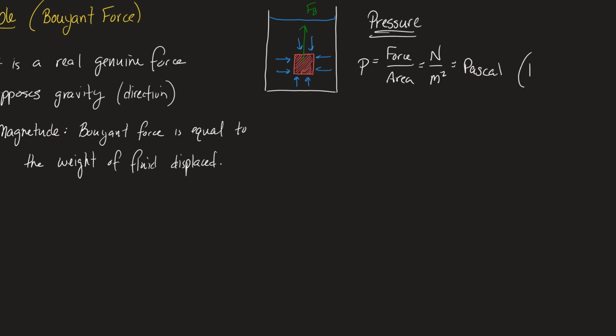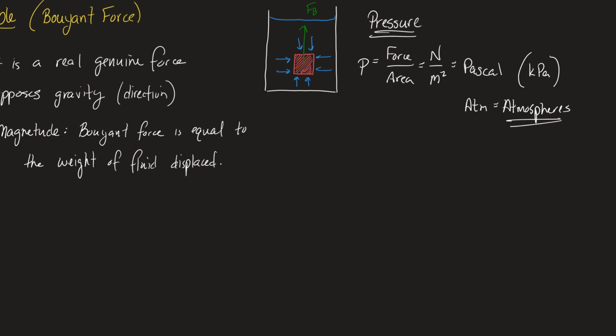You probably used kilopascals when you were dealing with this in chemistry. But a kilopascal is 1,000 pascals. You might have also used ATMs, which is atmospheres. This is using what the pressure from an atmosphere at sea level would be.